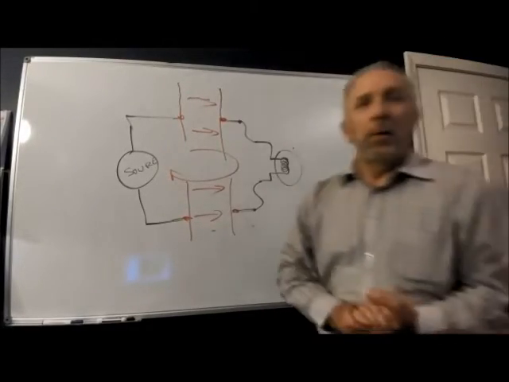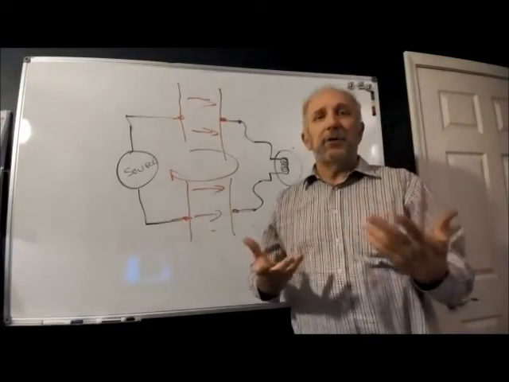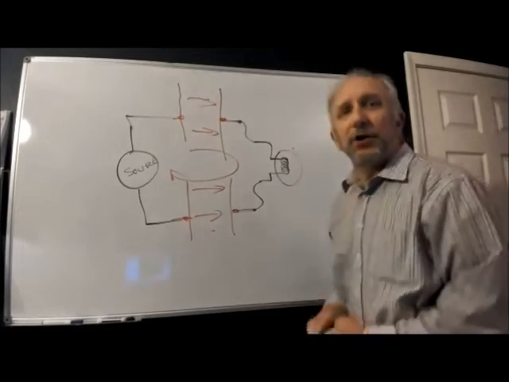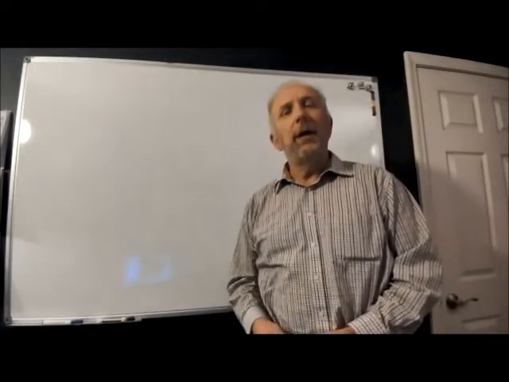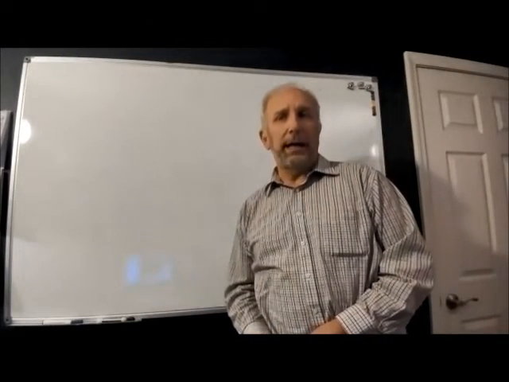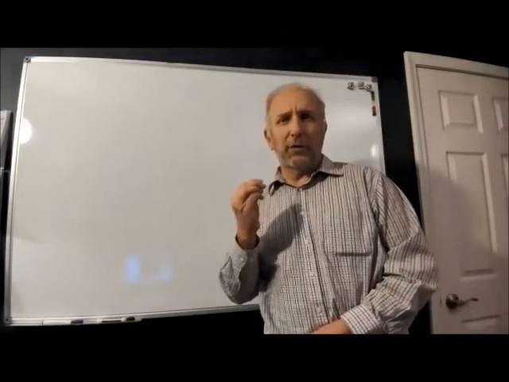Like in anything else, there's happy, sad, good, bad, day, night, electric field, magnetic field. It turns out that there are two kinds of antennas in the world. There are antennas that work on the electric field.